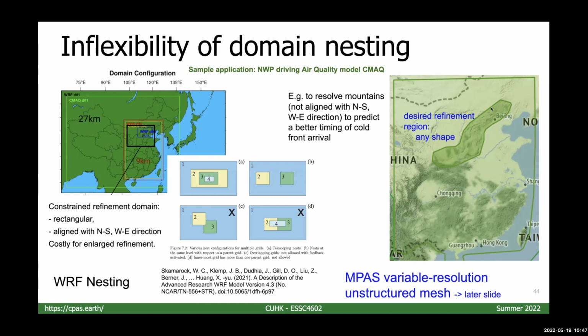So I want to add resolution refinement to the mountains so that the mountain heights are better represented in the model. However, the alignment, the shape of this area is kind of from southwest to the northeast direction.